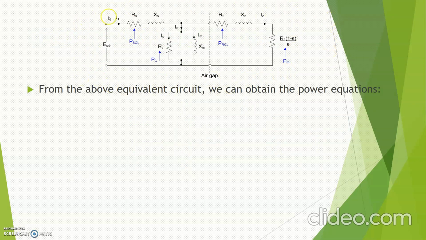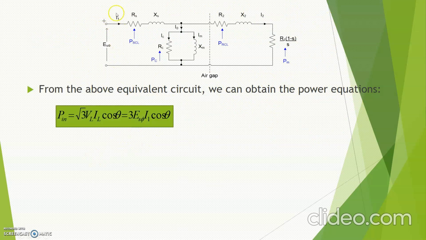Based on the above equivalent circuit, we can obtain the power equations as follows. First of all, this is the input power that goes to the induction machine. The input power can be given by the formula of root 3 multiplied with V line multiplied with I line cos theta, or it will be equal to 3 E phase multiplied with I1 cos theta, provided your motor has a star connected configuration.